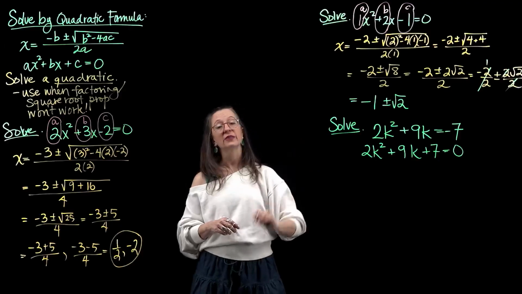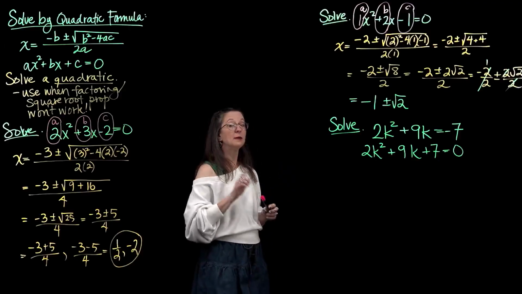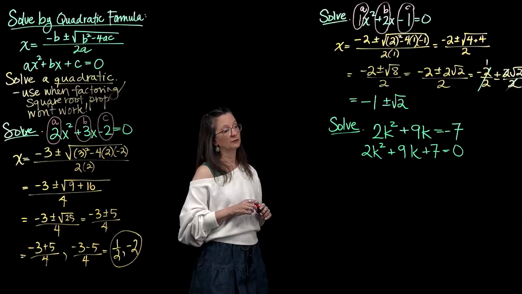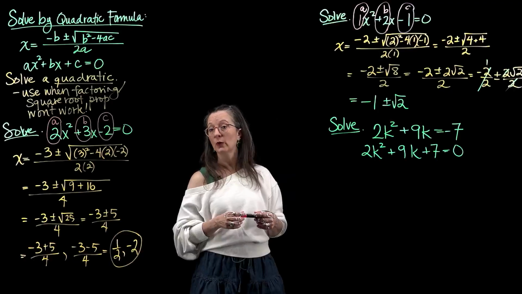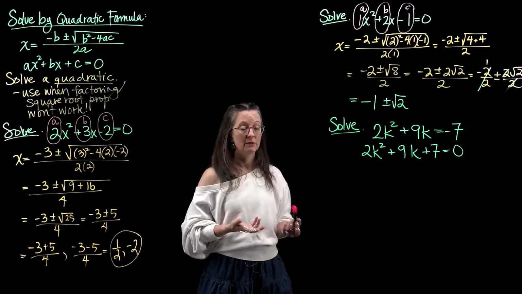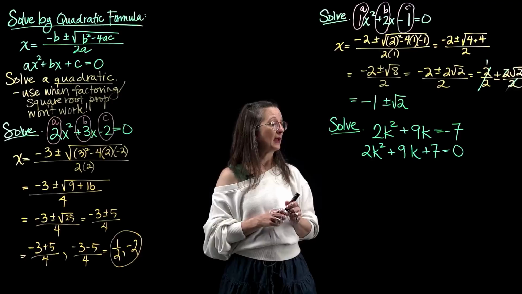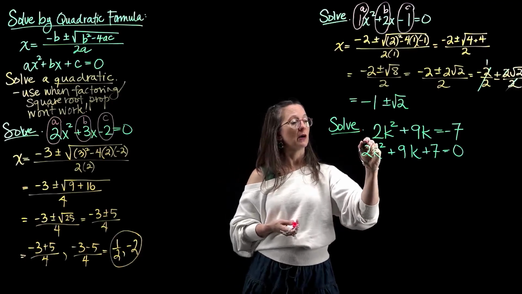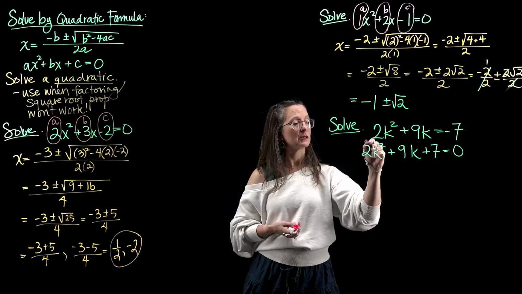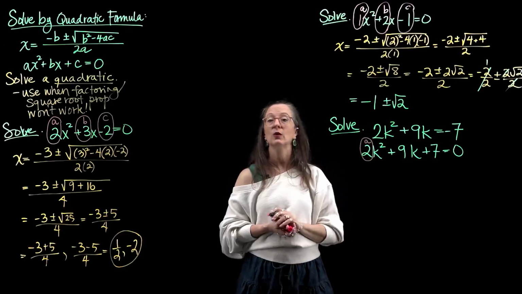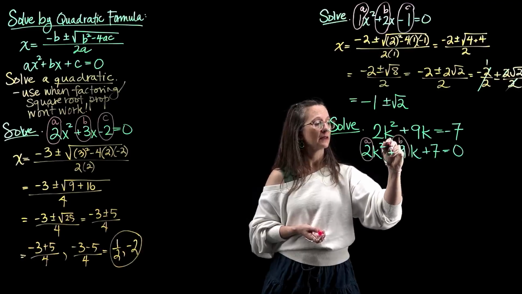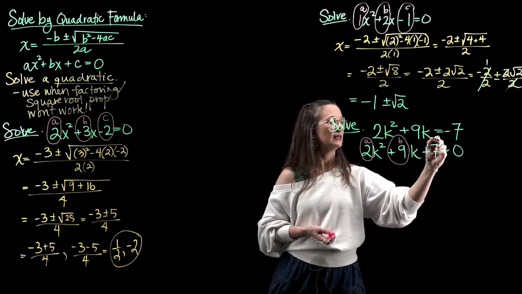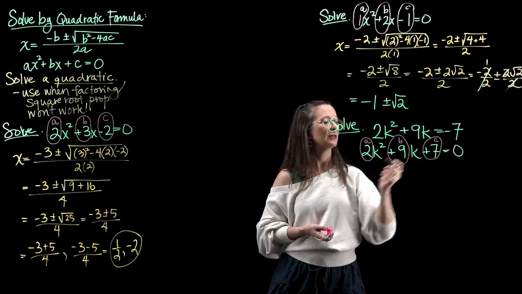Now, when I look at that, I could factor it. But boy, it looks like a mess. So I'm going to choose on this one to go with quadratic formula. Sometimes that's just the choice we make. So I'm going to mark A is 2, this coefficient on k squared. B is +9, and C is +7.